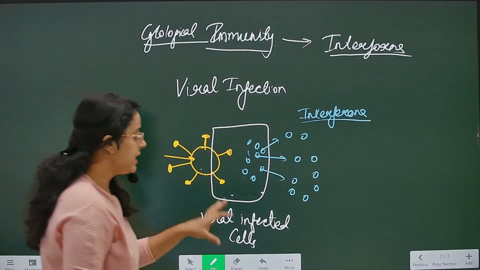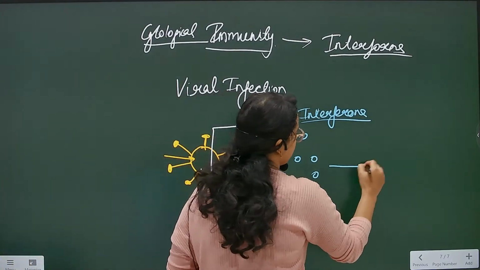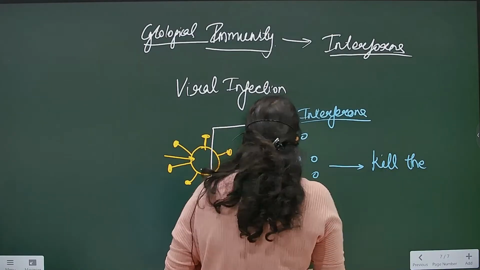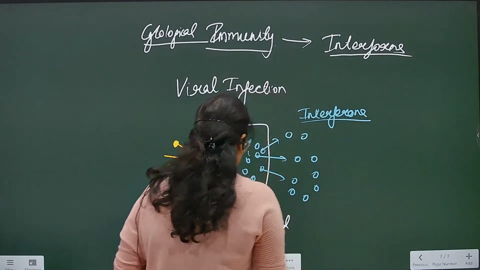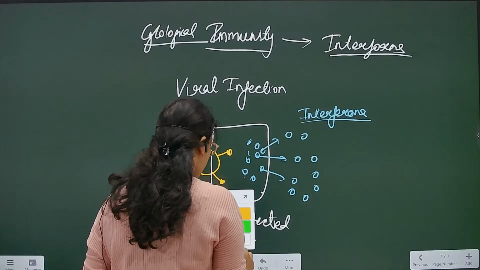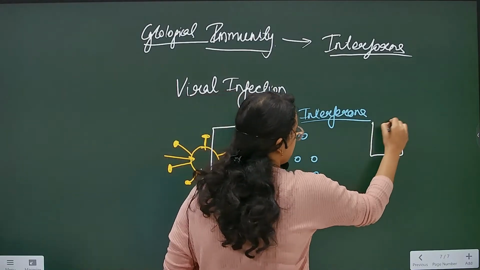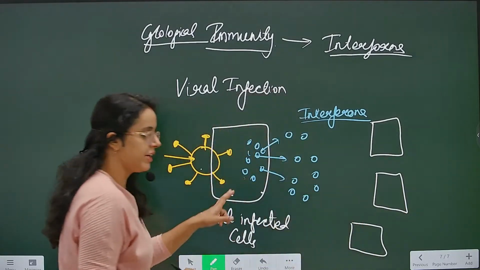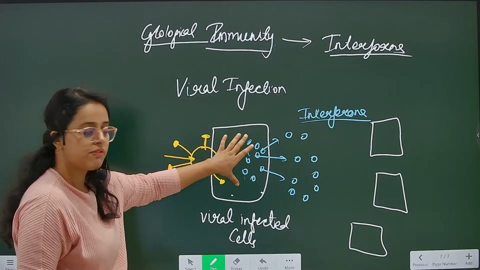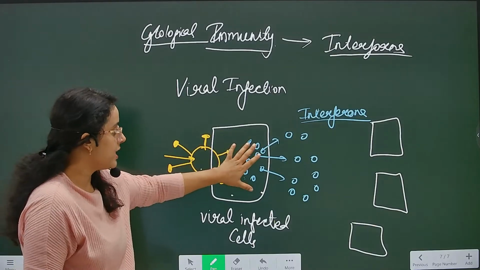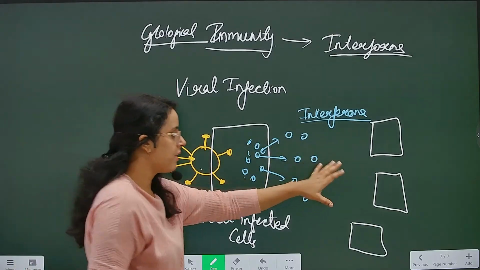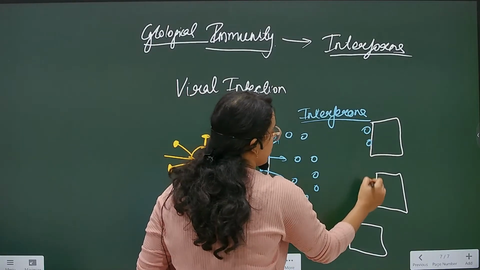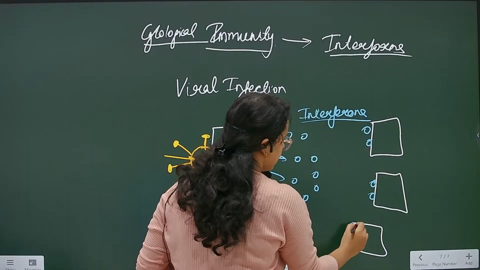These interferons are attached to other normal cells that are present surrounding this infected viral cell. So this is the infected viral cell, it secretes interferons. These interferons go and bind with the normal cells.